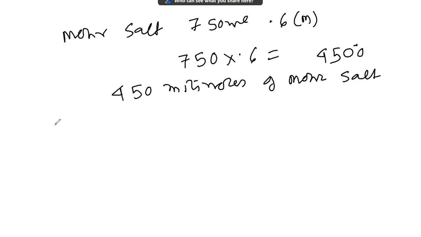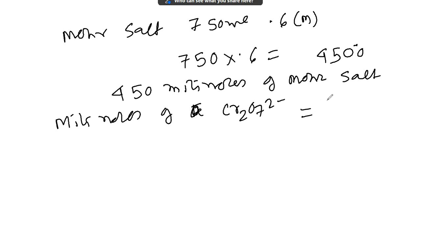So the millimoles of Fe2+ is 450, and the millimoles of dichromate will be 1/6 of that, 1/6 of 450 millimoles.